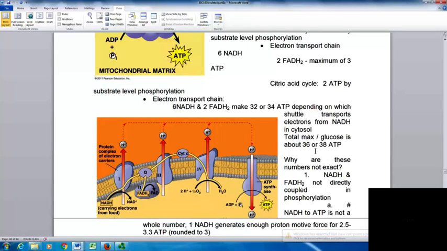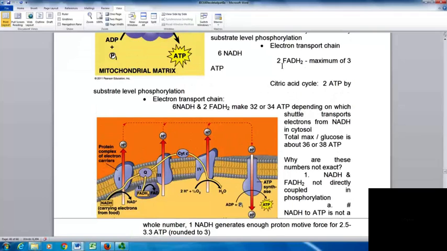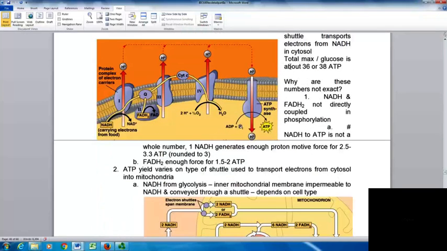These numbers are technically not real exact because you can have different carriers be used, but the numbers that you do want to focus on are the 6 NADHs, the 2 FADH2s, each NADH giving you 3 ATP, each FADH2 giving you 2 ATP, and your net gain being a total of 36 ATP.